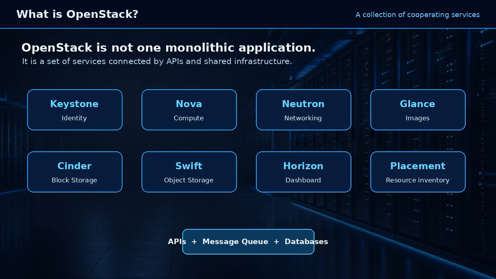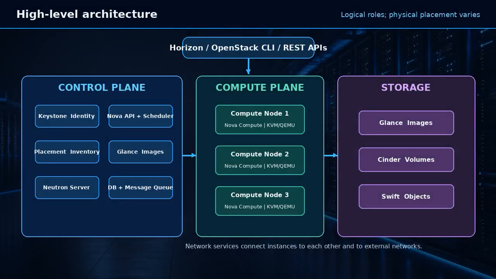Nova provides compute. Neutron provides networking. Glance manages images. Cinder provides persistent block storage. Swift provides object storage. And Horizon offers a web dashboard. Other services, including placement, help track resources and support scheduling.